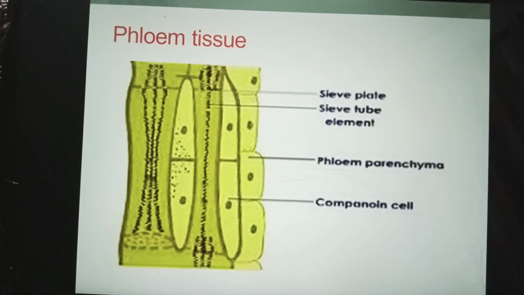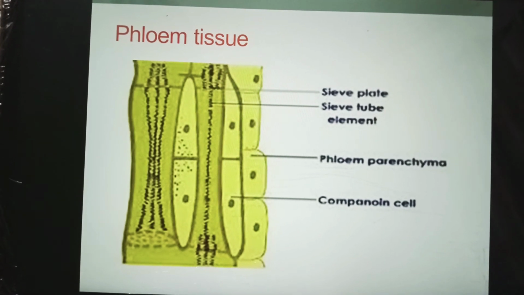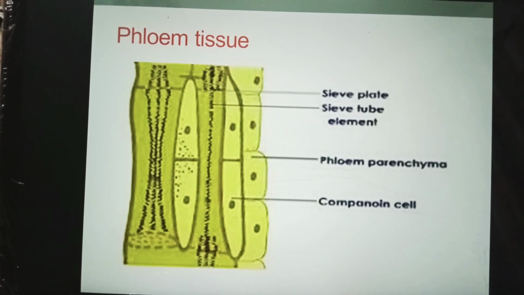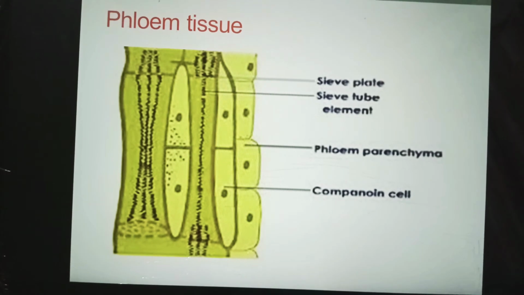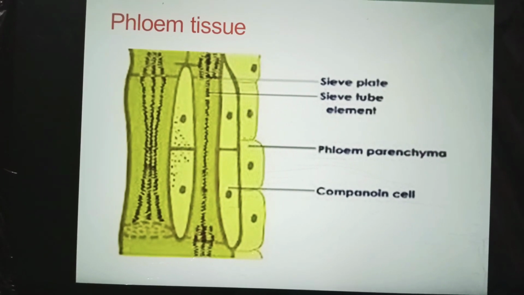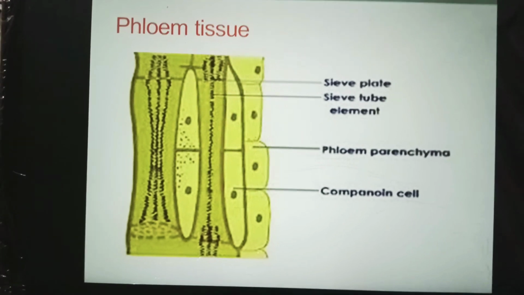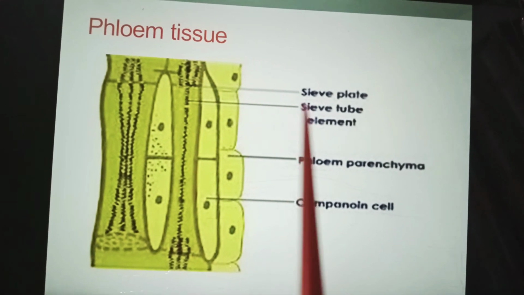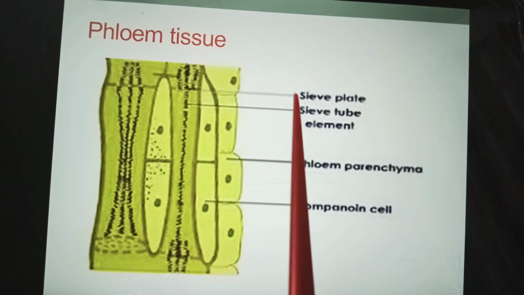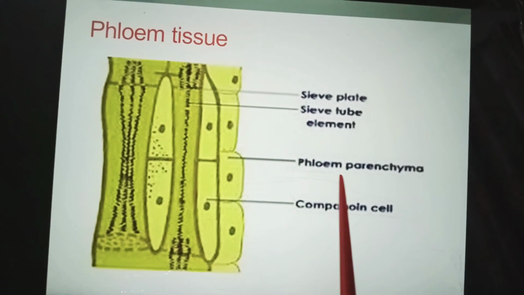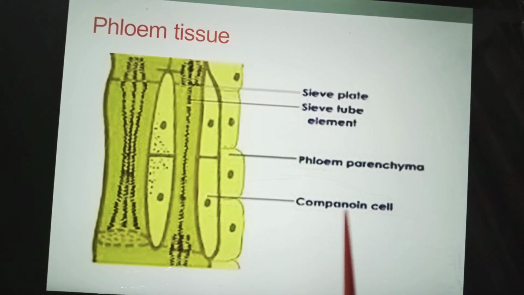Next, phloem tissue. Phloem tissue is responsible for the conduction of dissolved organic matter, that is food, between different parts of the plant body. Phloem tissue contains sieve tube element, sieve plate, phloem parenchyma and companion cell.